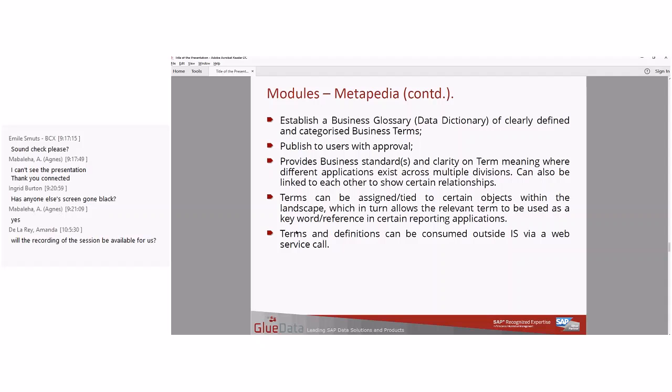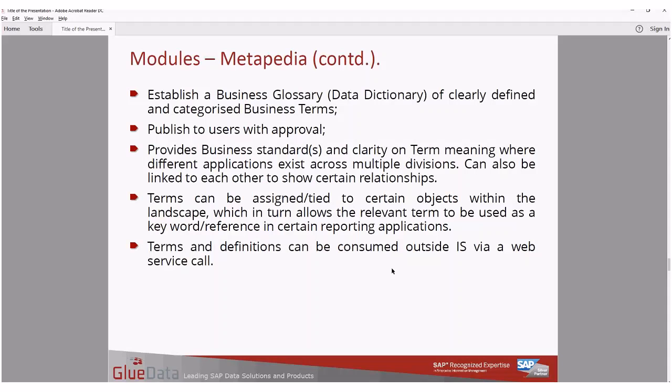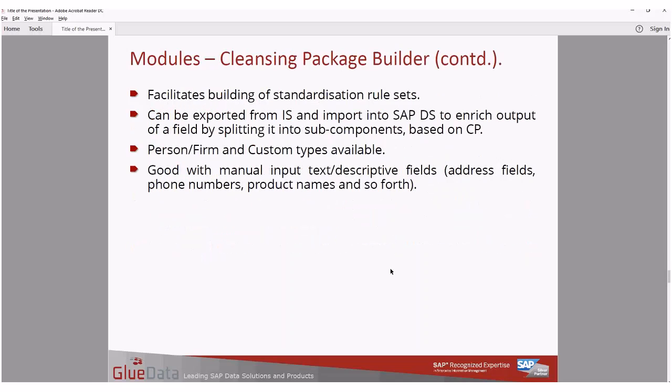We can also expose those terms via a web service call. So other systems, maybe you have a SharePoint or something, you can pull those terms and definitions effectively out of IIS and expose them somewhere else. Okay, Cleansing Package Builder I've covered. It's your standardization rule set, or this little program that you build. It's also importable into Data Services, so I can run it. Data Services is the workhorse, as I said. It can run this rule set.